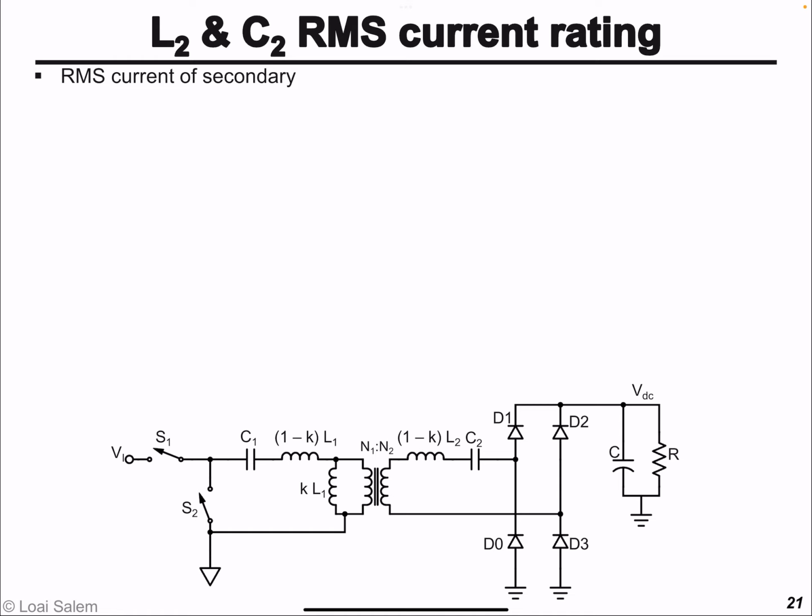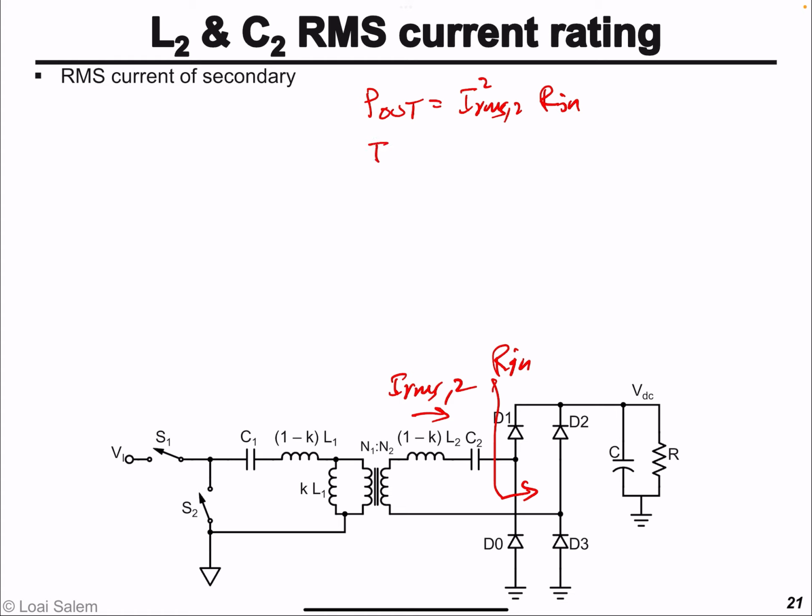And in this case, it's very simple. If we know the output power is equal to, here we see Rn, and here the RMS current is IRMS secondary, it will be the IRMS in the secondary squared times Rn.